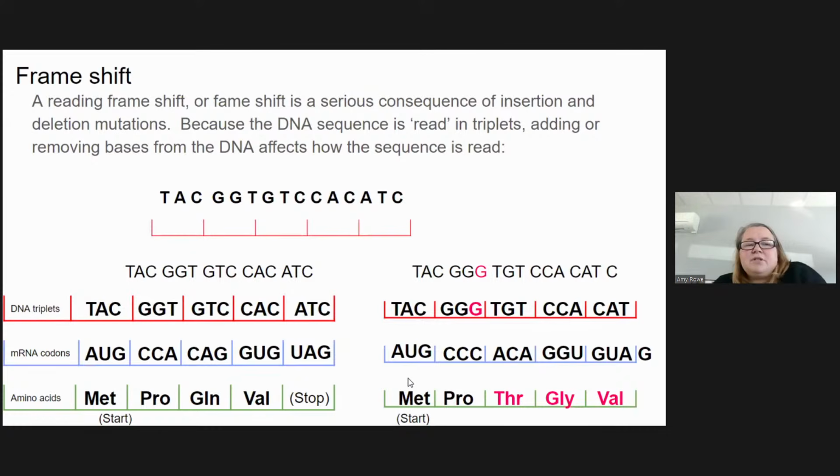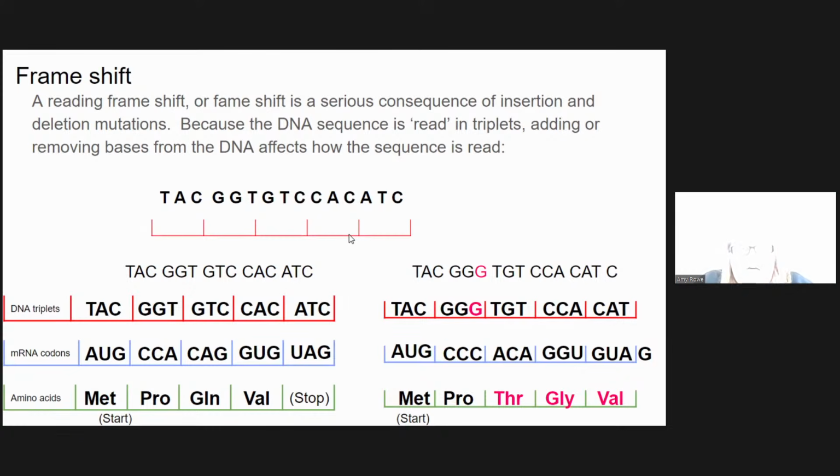Okay, so a frame shift or a reading frame shift is a serious consequence of an insertion or deletion mutation. Because the DNA sequence is read in triplets, adding or removing bases from the DNA affects how the sequence is read. So I'm going to give you a demo in just a moment, but this could be our DNA sequence up the top here, and this underneath is what we call our reading frame.